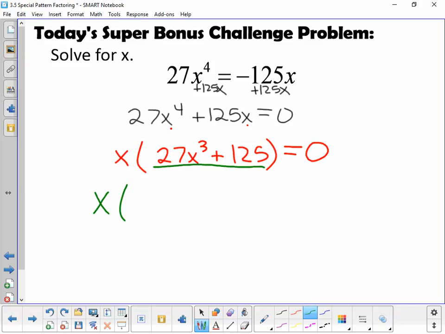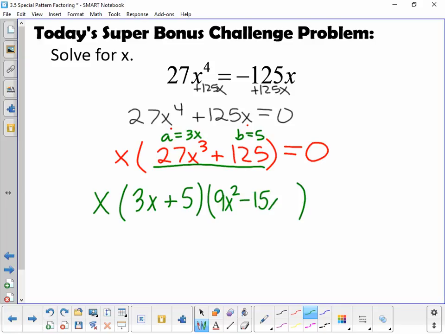We've got a sum here, and our a is going to be a 3x, and our b is going to be 5. So it'd be a 3x plus 5, same sign. If we square that a value, we get a 9x squared minus, we times a and b together to get 15x, and then finally b squared.